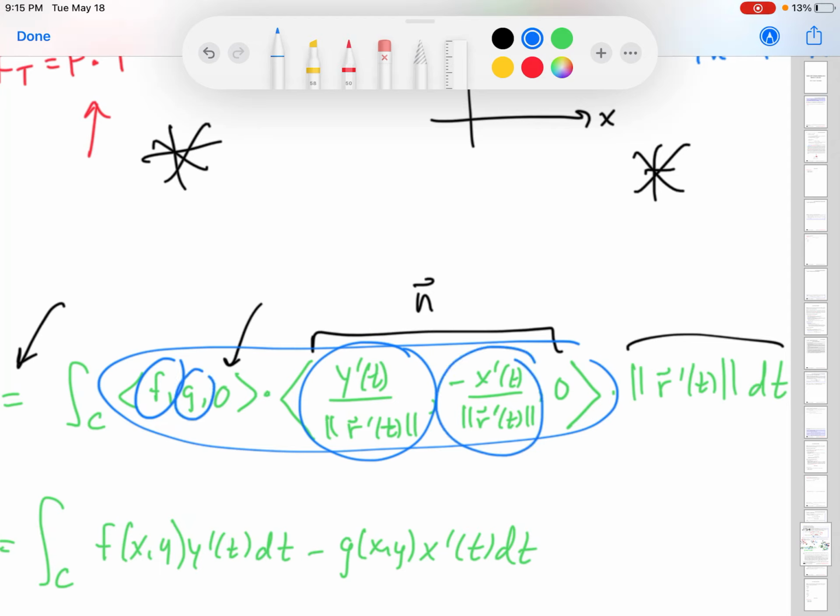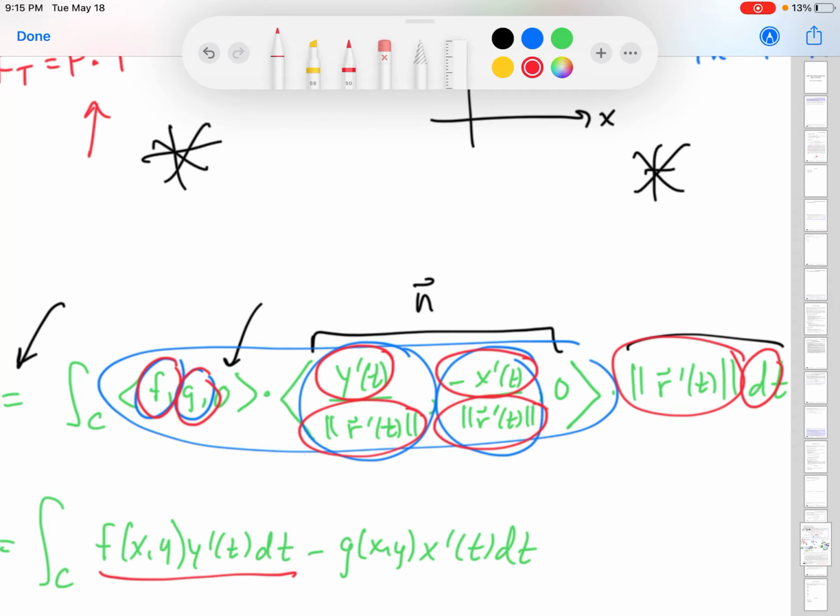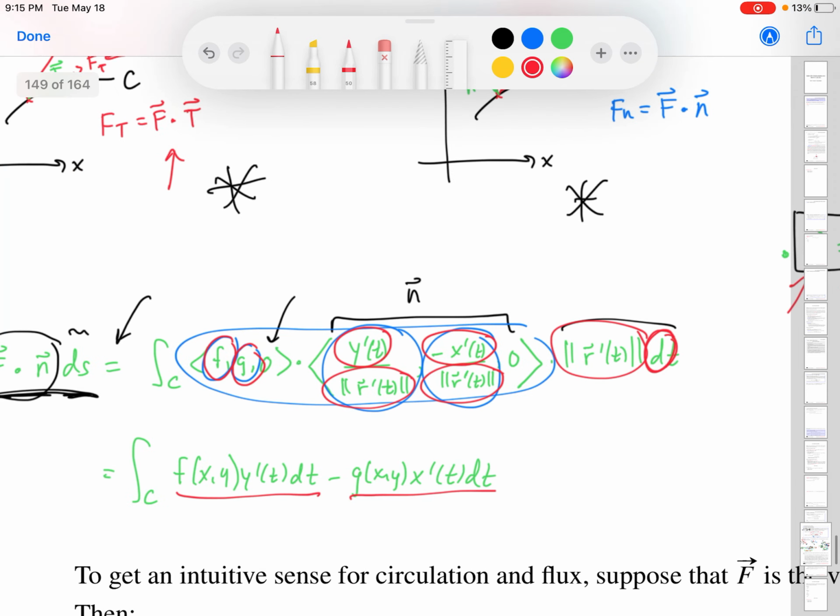But the norm of r prime in the denominator is going to cancel with that norm of r prime. So all that's left is f times y prime dt, that's what's over here, and then plus g times negative x prime dt, so that's what's over here. Great, and then the last little bit to remember is that y prime of t dt is dy, and x prime of t dt is dx.